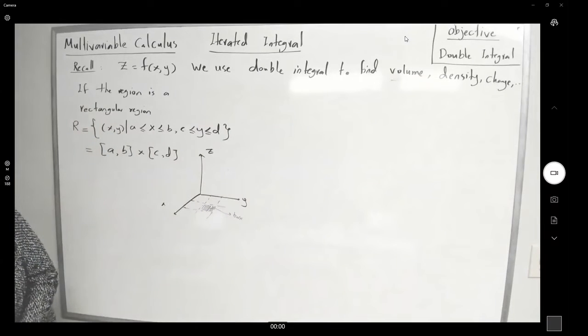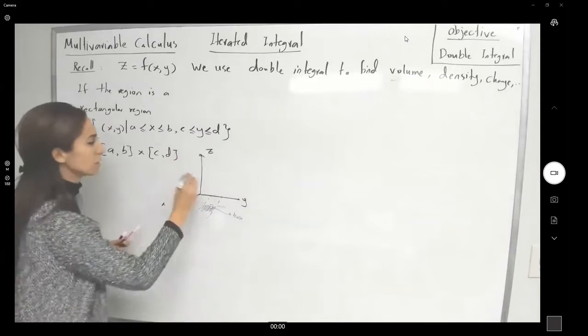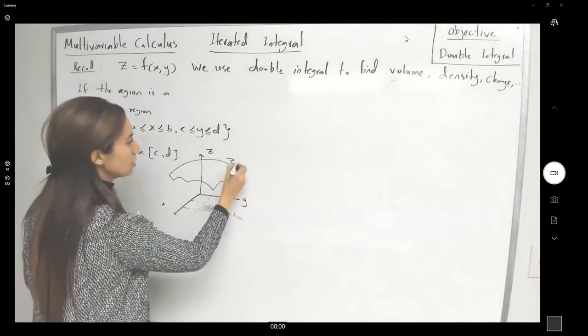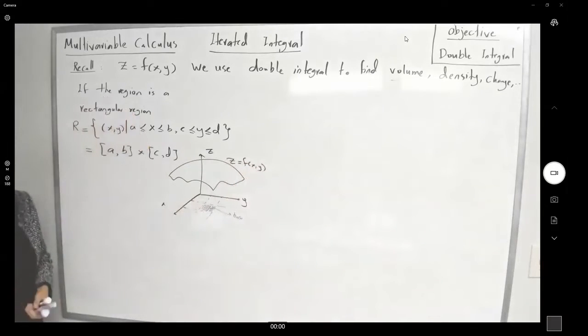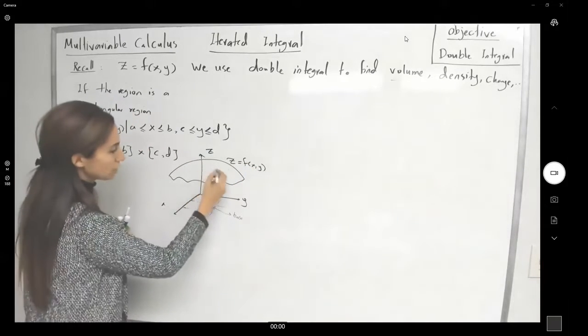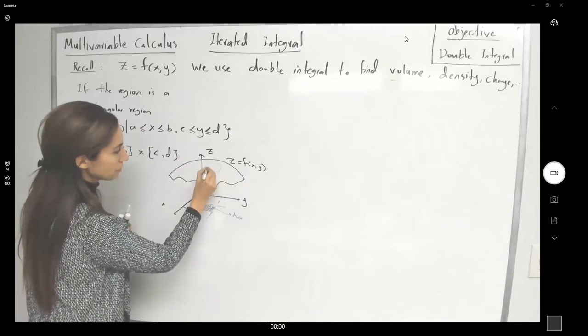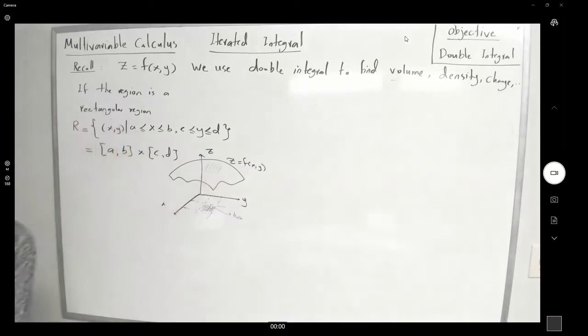Here we have our surface on top. This is my surface, whatever it is. This is Z equals f of X and Y. Then we have the same thing, but it might be curved on top, and it gives me the height.